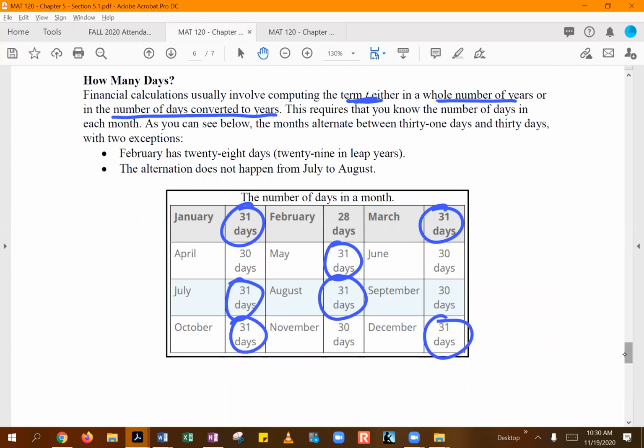These are all 31 days. The remaining ones are 30 days each, with the exception of February, which is 28 days, or during a leap year, 29 days, depending on the 4-year cycle. The rest of them are going to be 30 days.